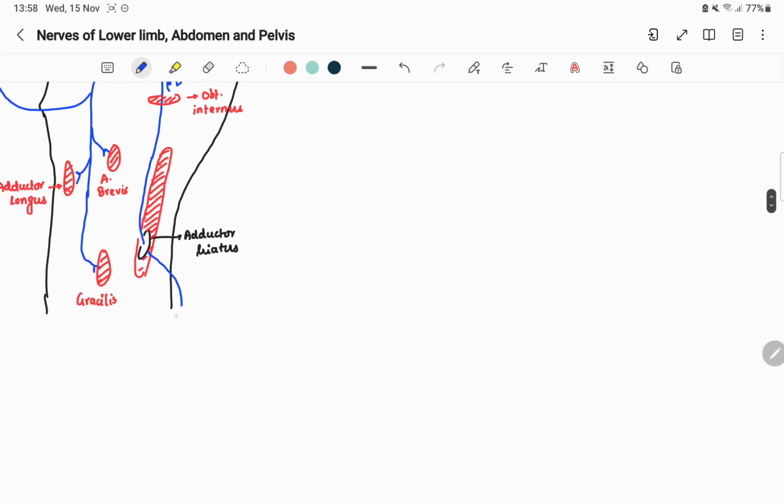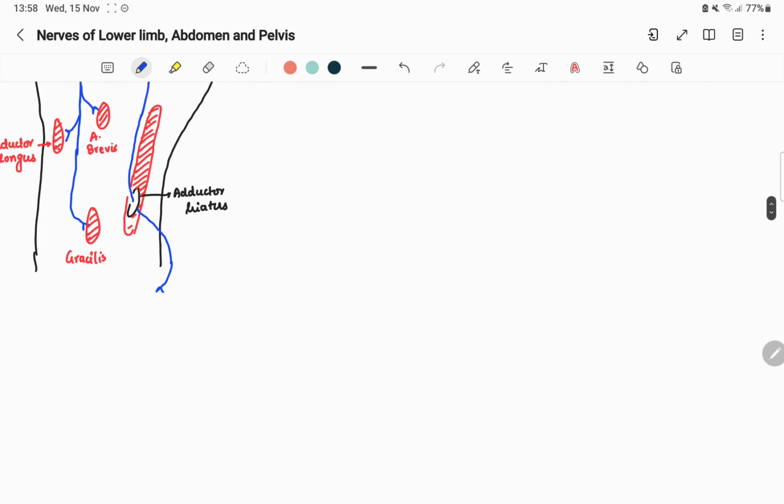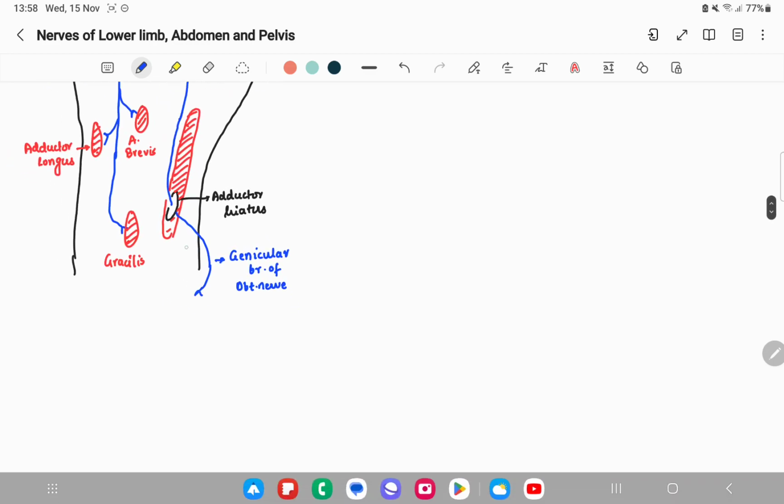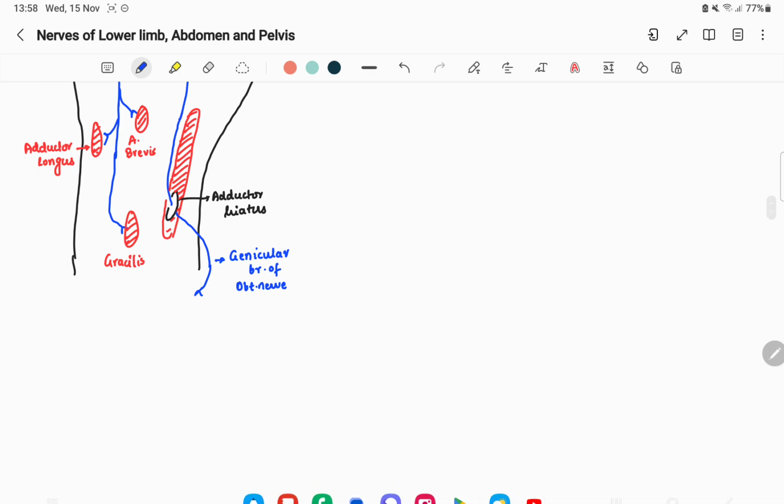The nerve which comes out is called the genicular branch of your obturator nerve, which gives innervation to the knee joint.